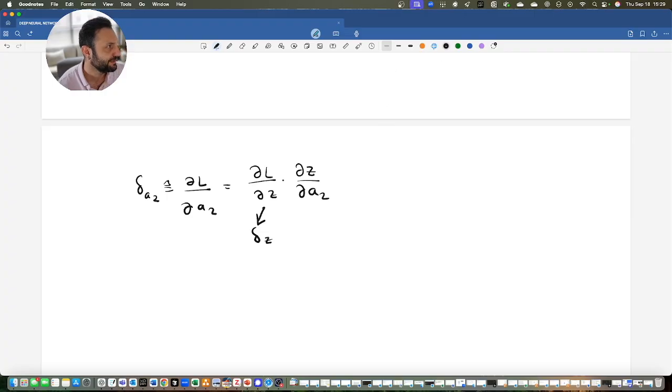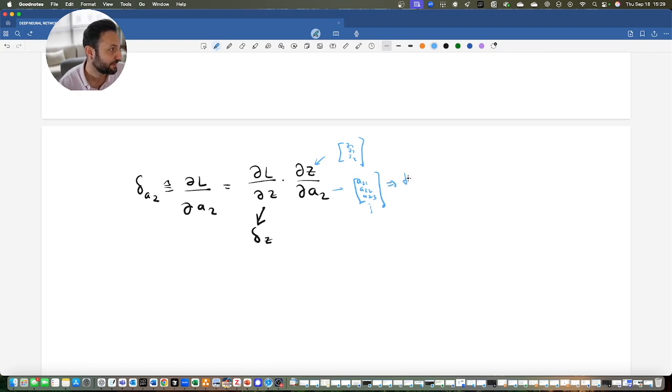So dz is a vector. I have all of these z's, right? Z1, Z2, Z3, and so on. And A2 is also another vector, but a long vector: A21, A22, A23. So this is A2. Remember what this was?